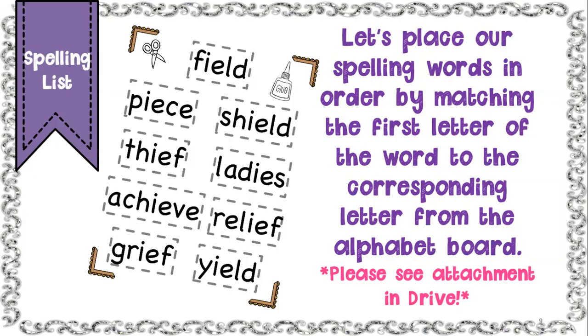So after peace would come relief. S. Good. After relief would come shield. T. Good. After shield would come thief. And our last word, because we're down to one word left, would be yield.